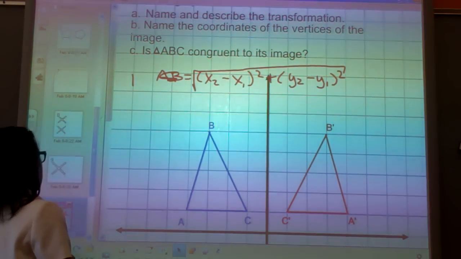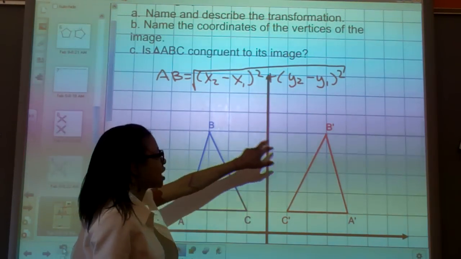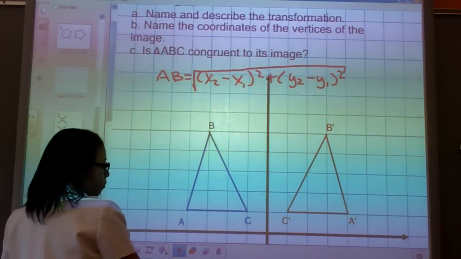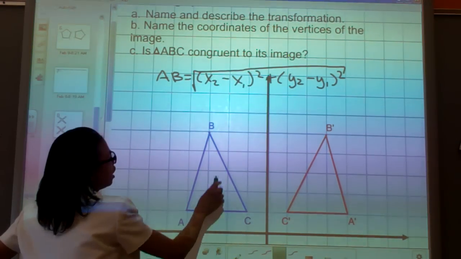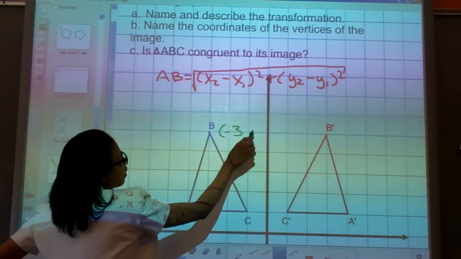Okay? Well, anyhow, let's say I just want to see if AB is the same length as A prime B prime. I put in the values here, and I see that B is over 1, 2, 3, negative 3, up 1, 2, 3, 4, that's 5.